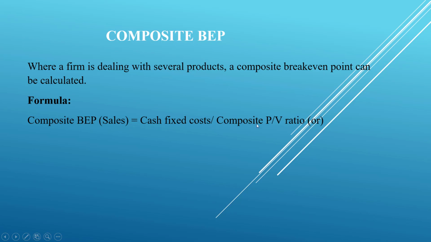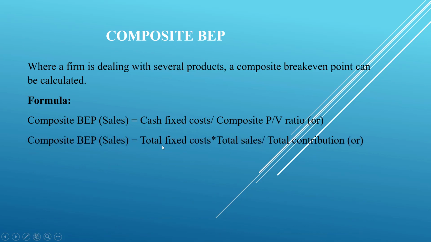Whenever you see the word composite, composite means combining, grouping together the PV ratio, so each product's PV ratio has to be calculated. It can be written as this formula, or else total fixed cost multiplied by total sales divided by total contribution, or else total contribution divided by total sales into 100.